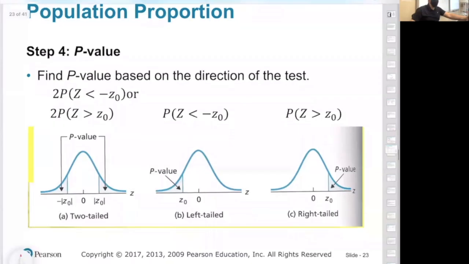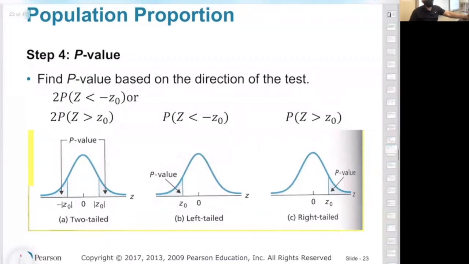The p-value. As I said to you, based on the direction of the test, you will calculate the p-value. If the test is right-tailed, and right-tailed means the alternative hypothesis has greater than, in this case you can find the p-value this way: the probability that Z is greater than the test statistic value.